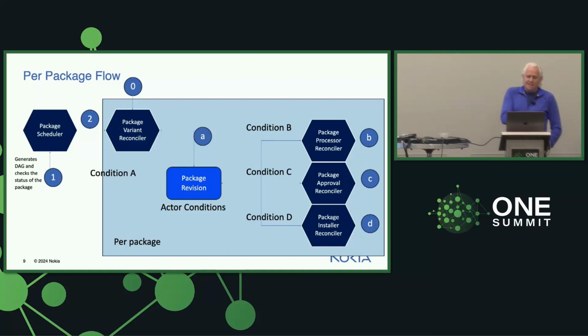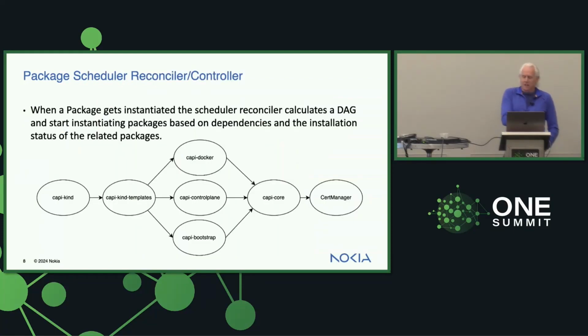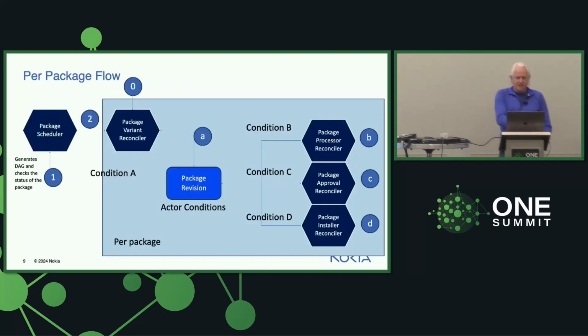If that condition is met, for example, if we schedule kind on the left-hand side, then if none of the others are installed, it will hold, right? So the scheduler will basically say, I first need to install cert manager and then the next and the next before I can actually install the next section. So the scheduler basically says, yes, I'm okay when the dependencies are resolved, right?